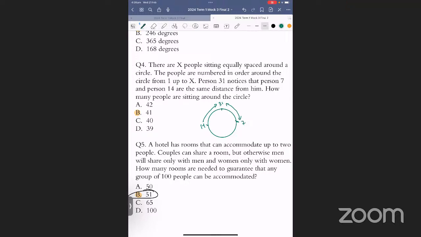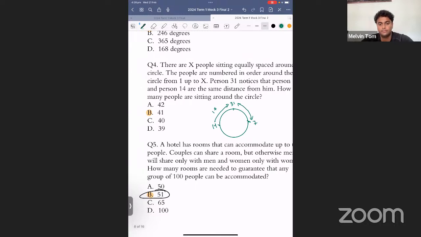All right. What's the distance between 31 and 14? 17. Good girl. So there's a distance of 17. So what does that tell you of the distance between 7 and 31? It's 17. Good girl. So now that we know that the distance between 7 and 31 is 17, let's figure out how many people there are.